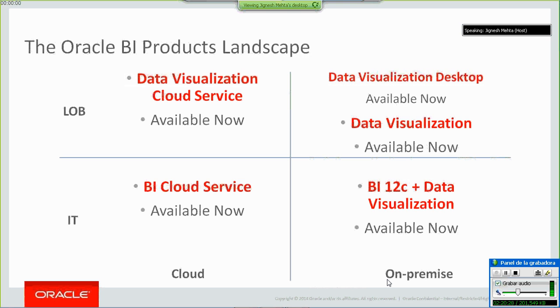This is one slide you should be well familiar with to really understand and comprehend the analytics footprint that Oracle has in terms of who wants to access and where they want to access, right?